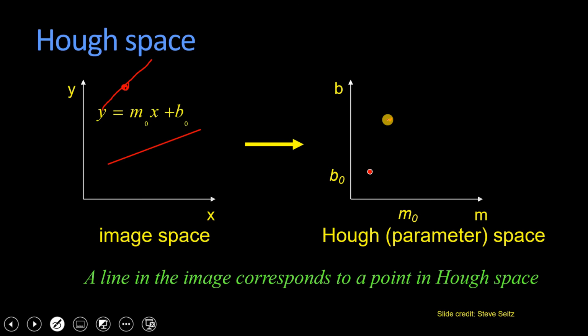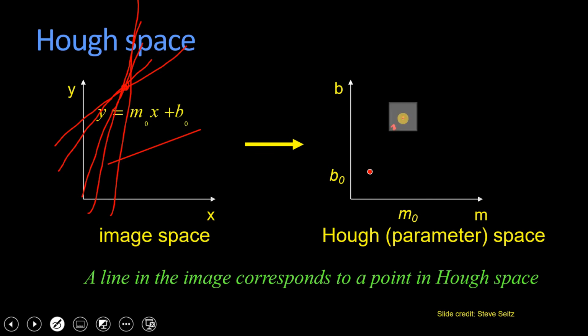Yes. Now let me draw a variation of this line. It changes, but passing through the same dot. So in this case the slope is changed and again the intercept will also change. Yes. I draw another one, another one, another one. So all of them will have a different value of M and B. Is that clear?